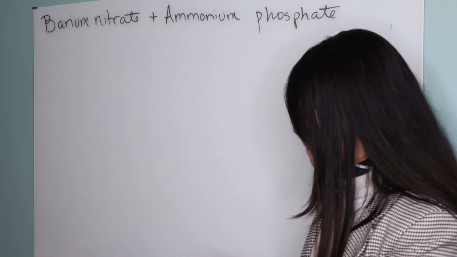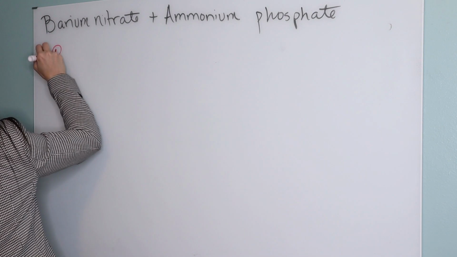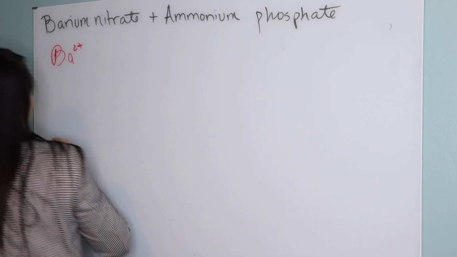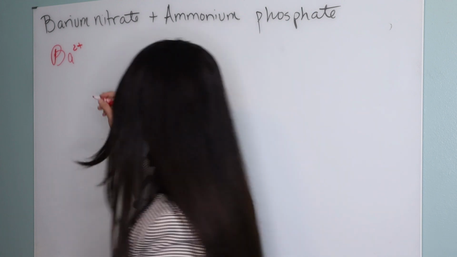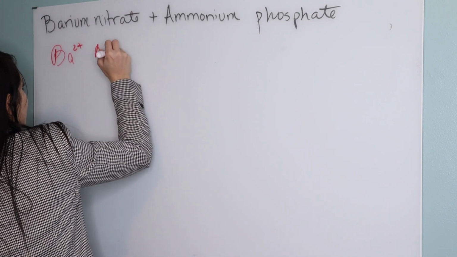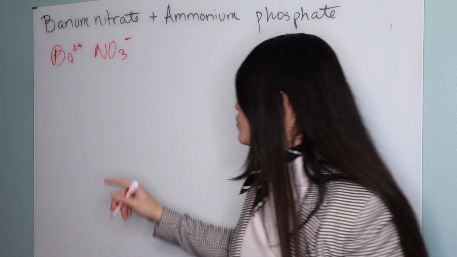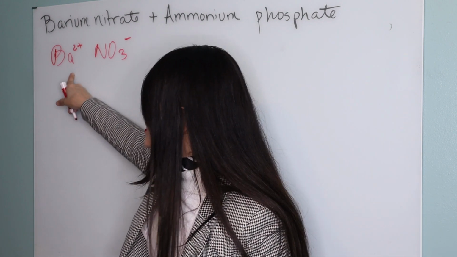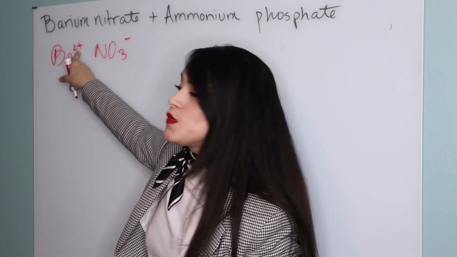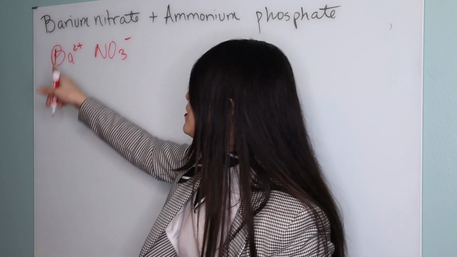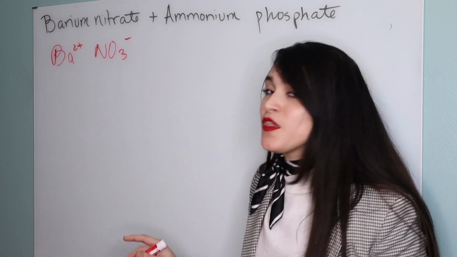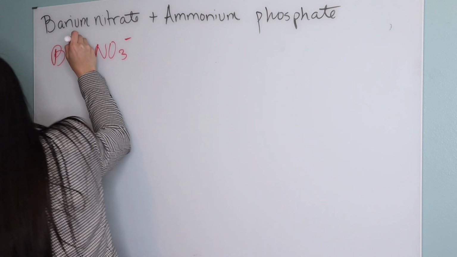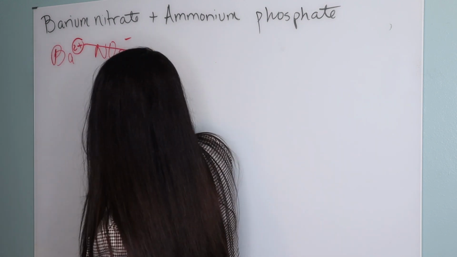We have barium. And we have nitrate. Nitrate was a polyatomic ion that you were supposed to memorize. Barium is in the second group and therefore has a 2+ charge. After you determine what the charges are, you're going to take the charge and go down and across.